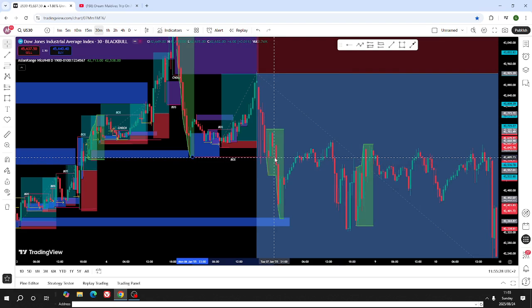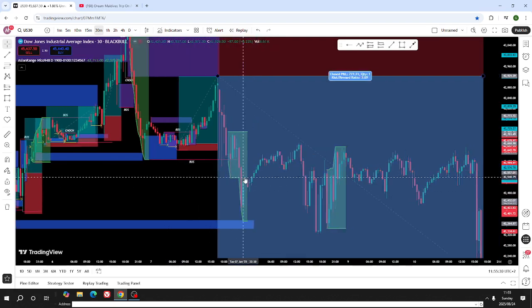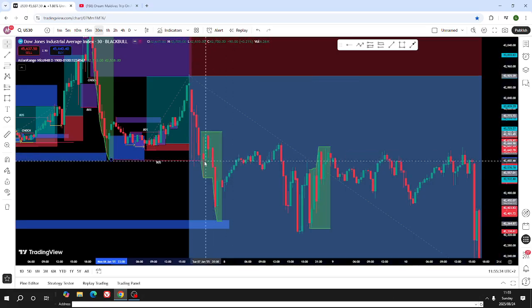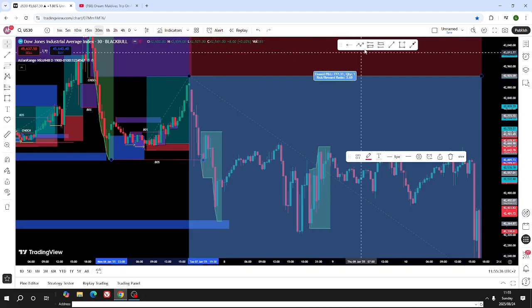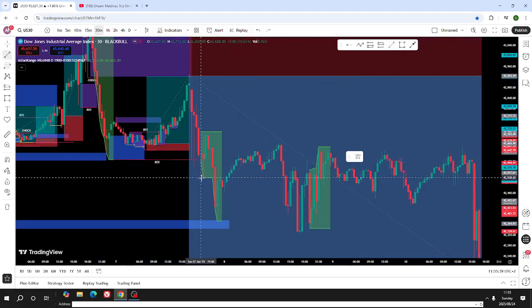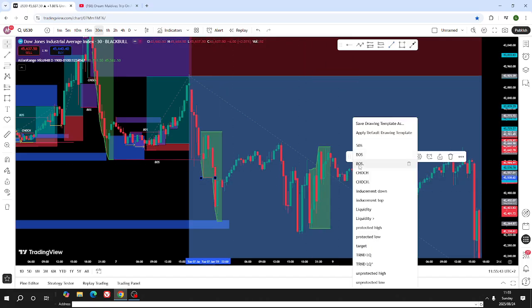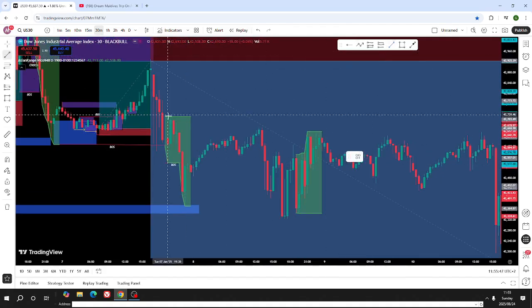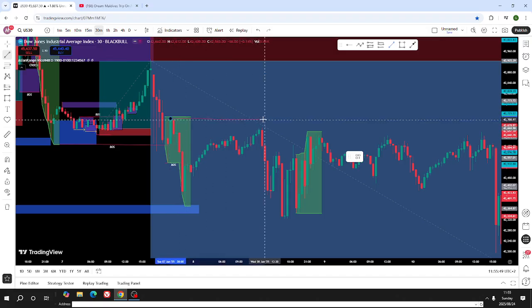So this break of structure, where does it come from? I would say this one is not yet valid, but the right valid break of structure is right here. As we see the market breaking this structure, this is the high responsible for that.